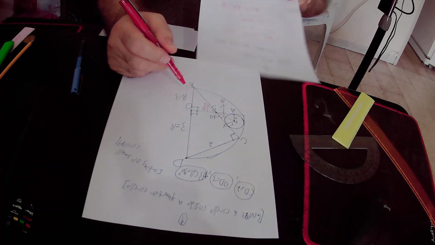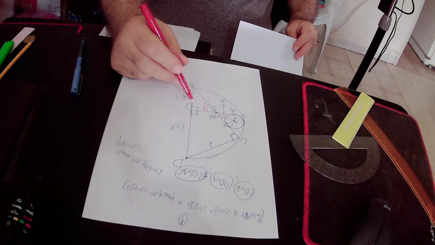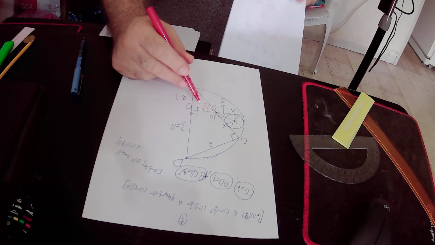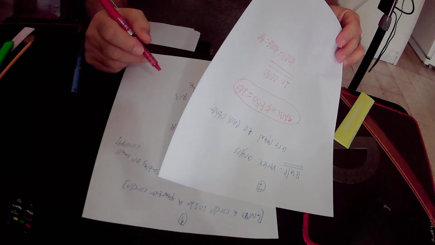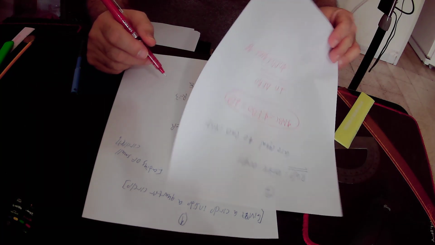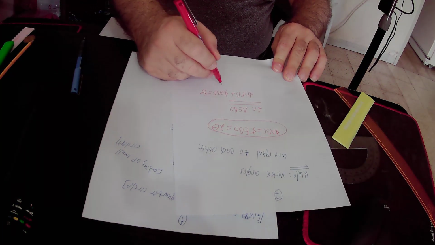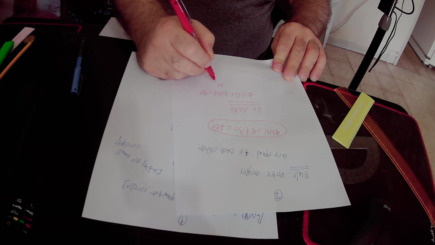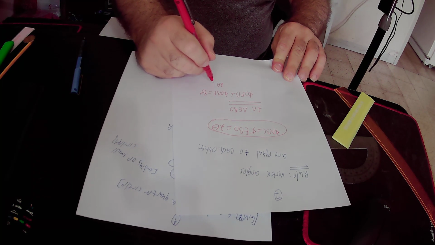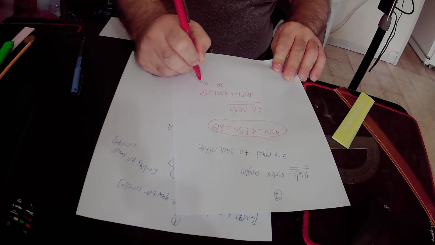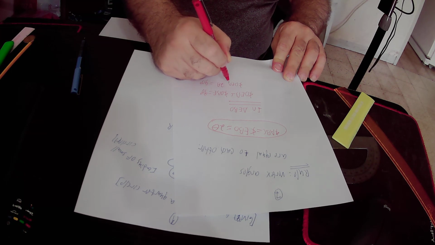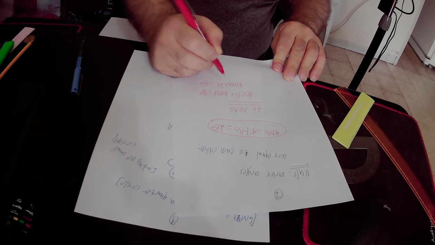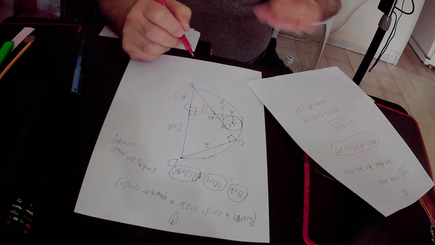But what is the size of angle OBE? Angle OBE equals 2 theta, so we can substitute angle OBE by 2 theta. So angle OEB plus 2 theta equals 90 degrees.